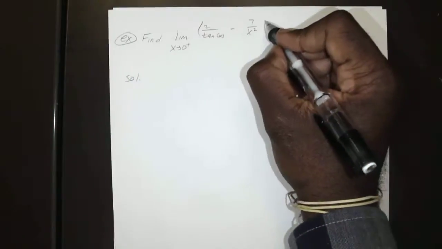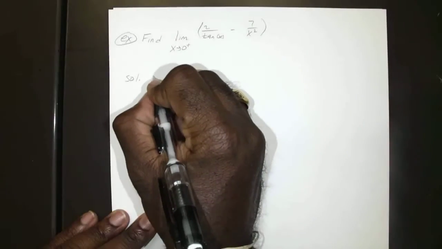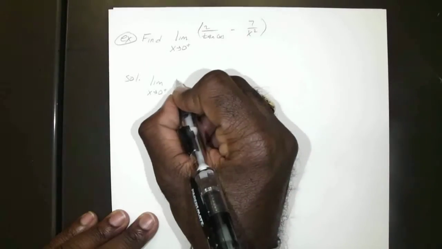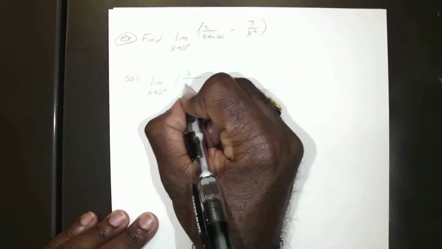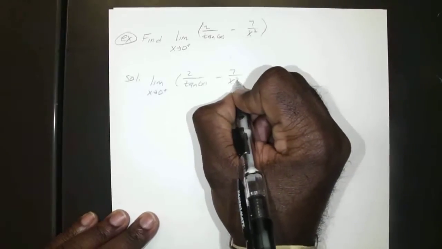Might as well put parentheses around both of those. Love your trig, don't you? Trig doesn't really go anywhere. So the limit as x approaches 0 from the right of 2 over tangent of x minus 7 over x squared.